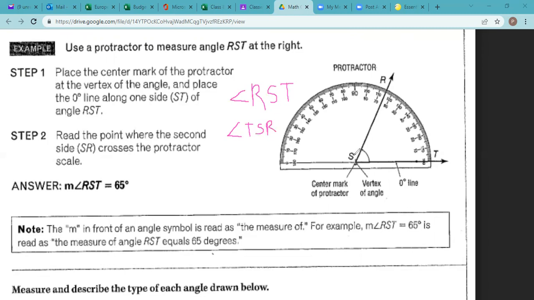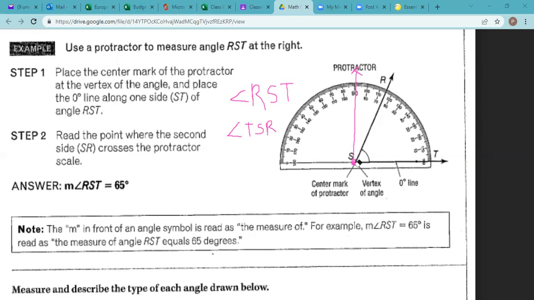As you see, this S is on the vertex. That means it's in the middle of the bottom, because if you draw a line straight up, you're going to hit that 90 degrees. So the vertex S is right smack in the middle of the bottom.